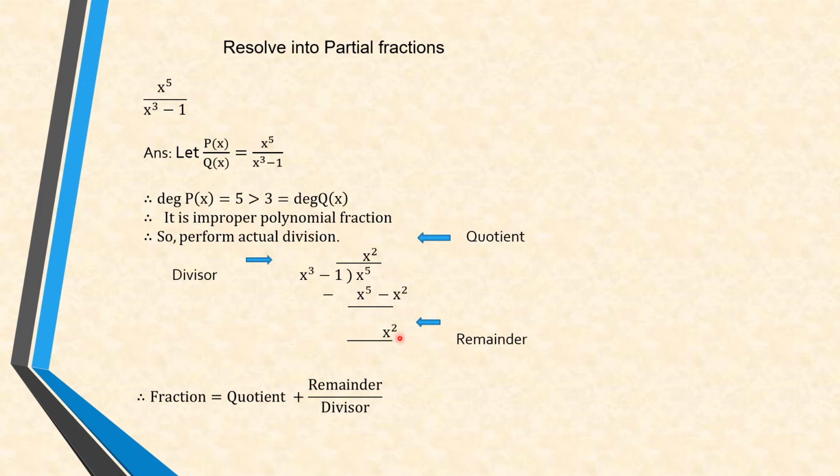Shall we continue with the division? No, because power of x in remainder is 2, whereas power of x in divisor is 3. So the power of x in remainder is less than power of x in divisor, so we will have to stop the division. Now we will write the fraction as quotient plus remainder upon divisor.